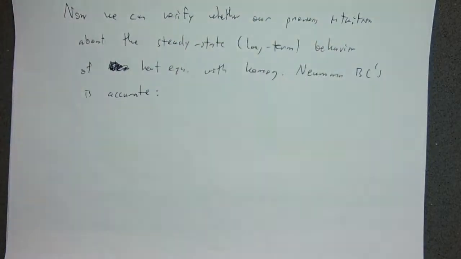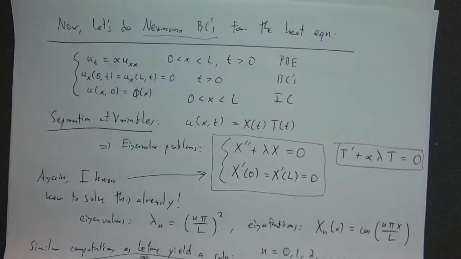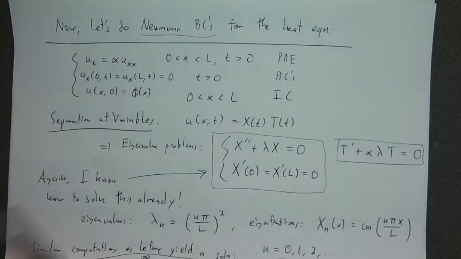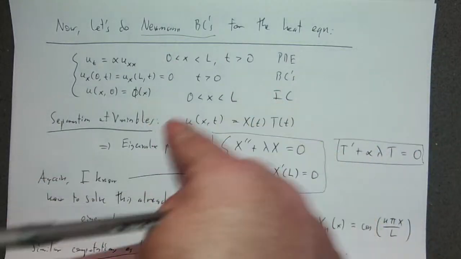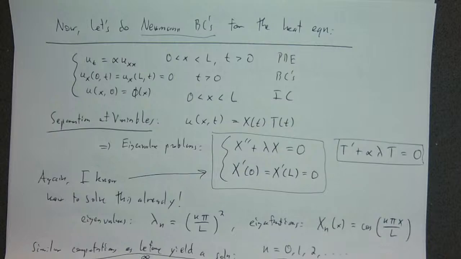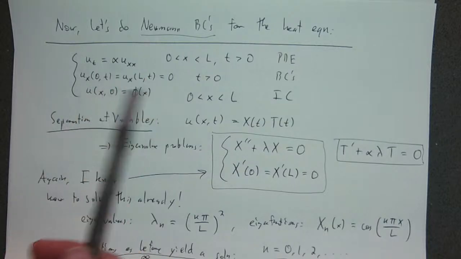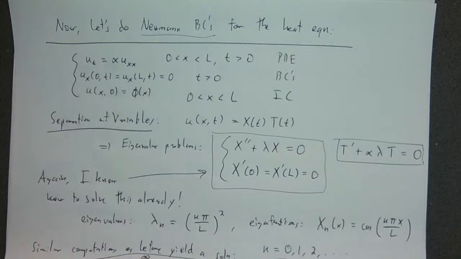So what is it that we previously said? Recall here the interpretation of this is heat flow in a 1D bar that has one end at the origin, the other end at some length L. So I have a bar of length L. At the ends, my flux is 0. So these are two insulated ends.